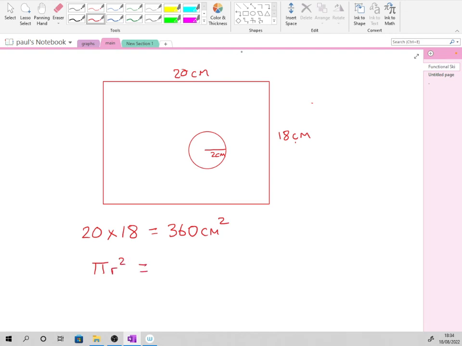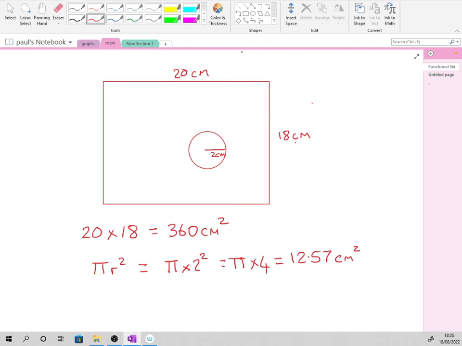I'm going to use the pi button on my calculator, so that equals pi times 2 squared, which equals pi times 4, which equals 12.57. I've rounded it a little bit, centimeters squared.